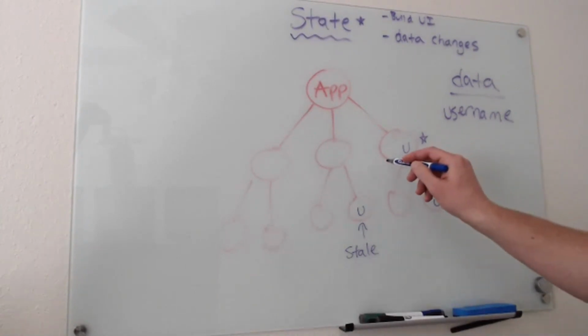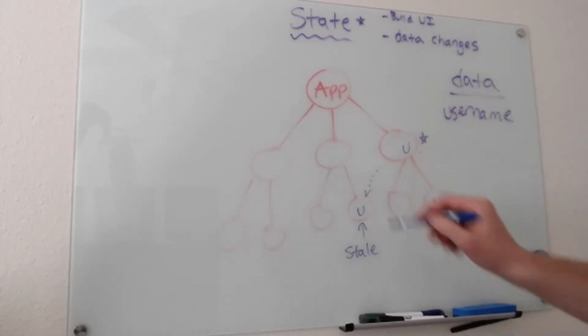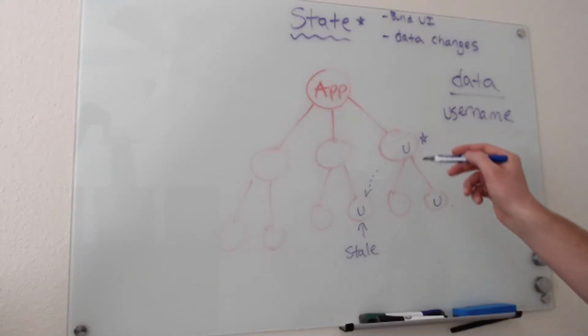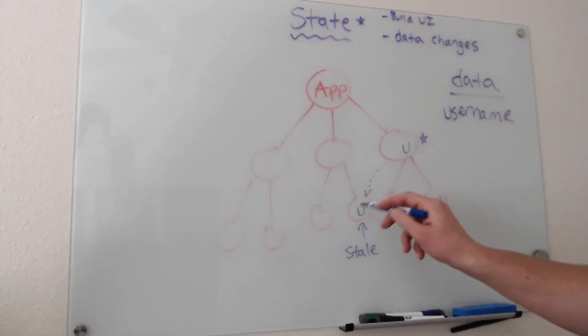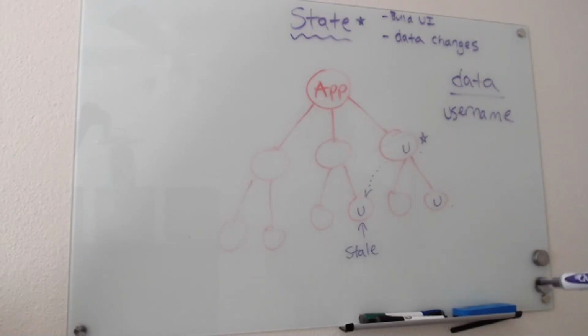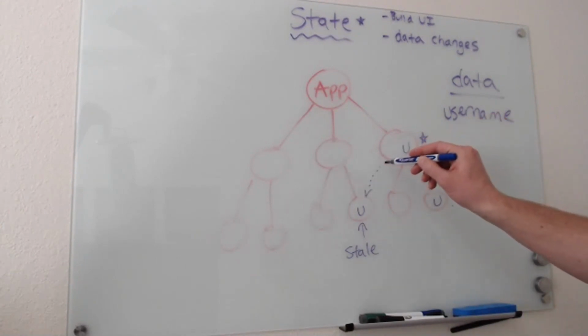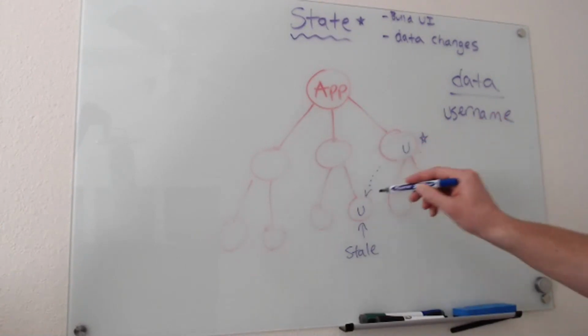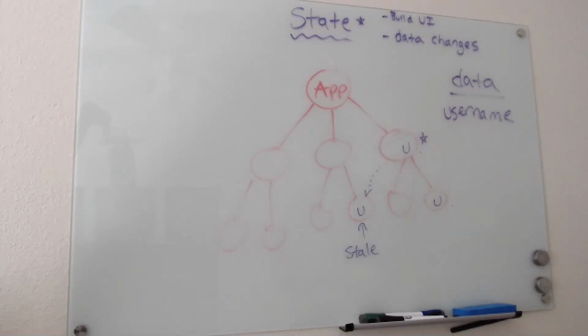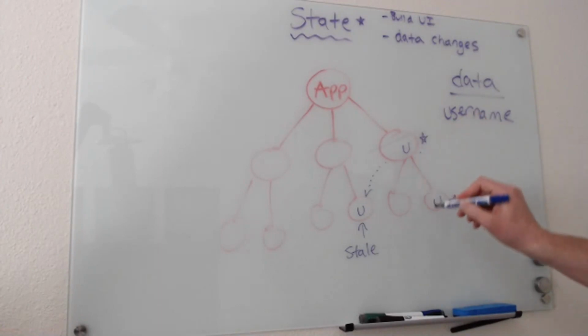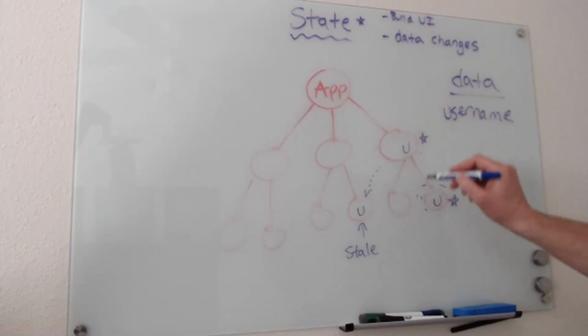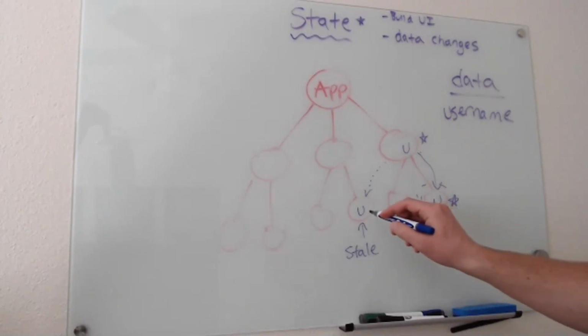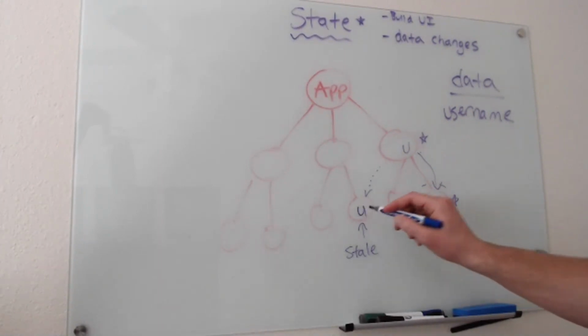Because there's no way for this component to say, hey, this data changed, so update the view, because there's no way in React to connect unrelated components like this. This one updates just fine, because as this updates, this component re-renders and gets that data passed down via props, but this component does not.